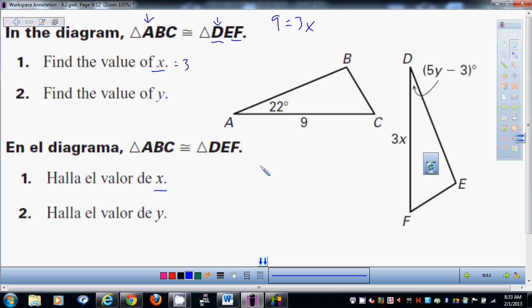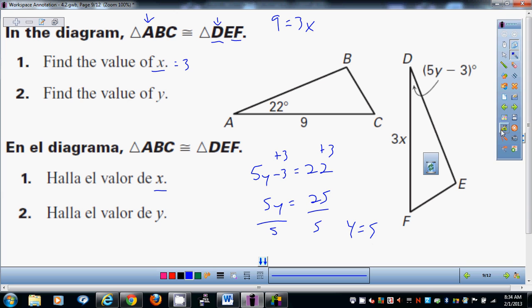Very good. And y equals 5. That's the kind of thing you're going to have to do. Questions? Pretty sure it's just a whole bunch of that kind of thing.